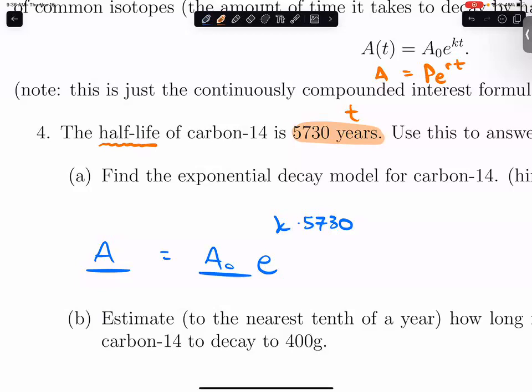If the half-life is 5,730 years, then after that much time has passed, what should have happened? Divides by 2. You got half as much left. Okay. Give me a starting amount. Okay, 2 works.